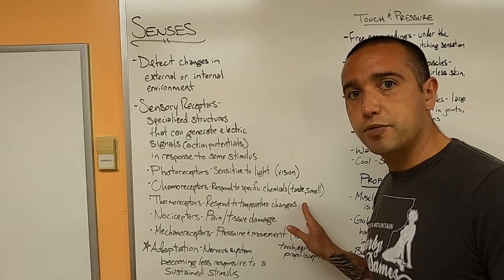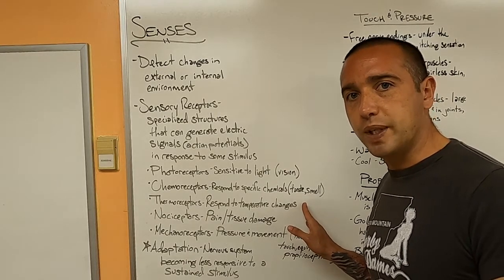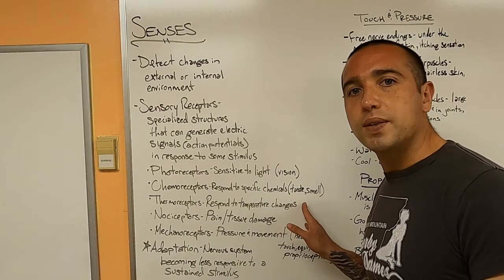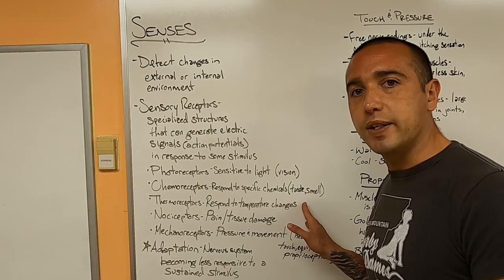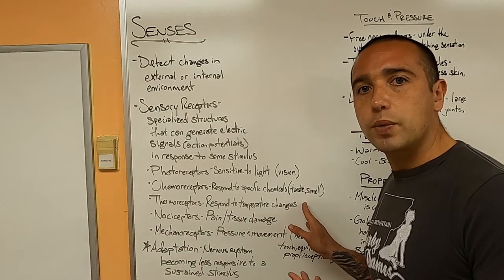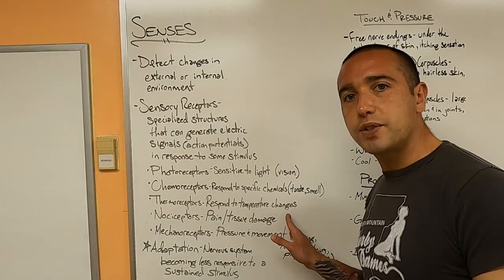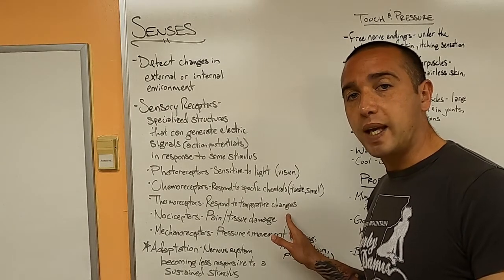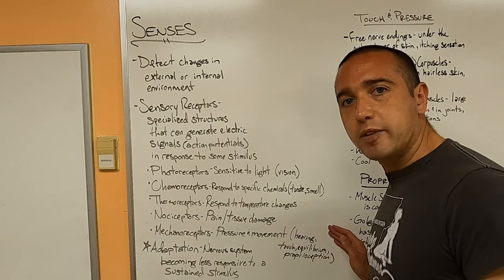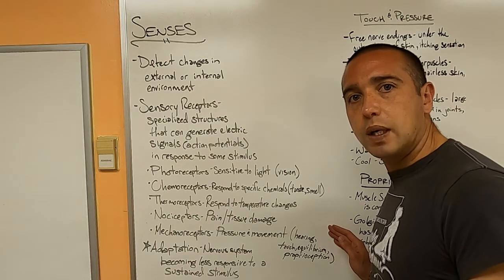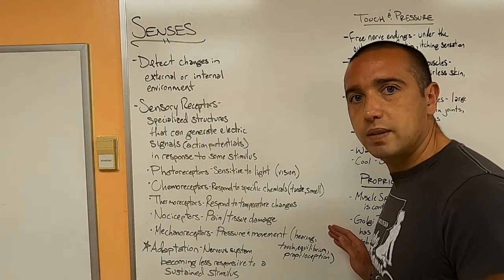Thermoreceptors are one of the touch receptors that you typically lump into the sense of touch, but they are distinct from others in that they respond to changes in either warmth or coolness. Nociceptors are receptors that are responsible for pain, and there are different types of nociceptors we'll cover a little bit later. And finally, mechanoreceptors are ones that respond to movement or position.